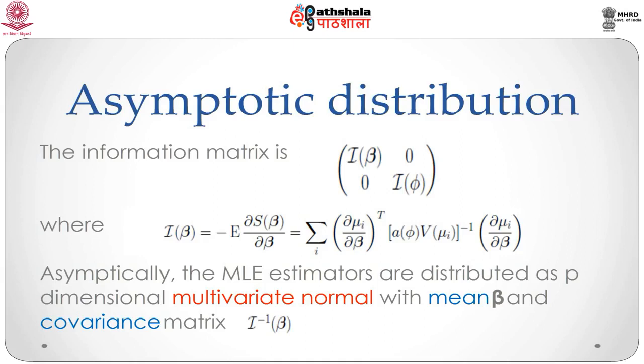Asymptotically, the ML estimators will be distributed as p-dimensional multivariate normal with true mean beta, where beta is the true parameter, and covariance matrix I inverse of beta. In a subsequent module, we shall look more closely at the details of solution of these score equations.